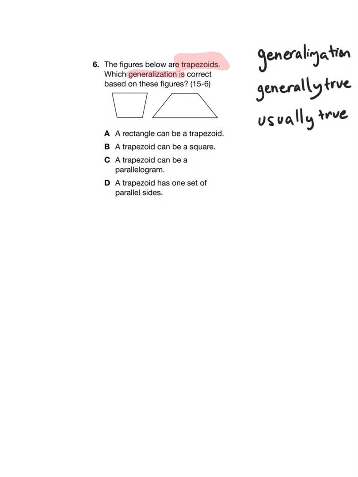Okay, let's think about that. The definition of a trapezoid is that it's a quadrilateral, meaning a shape with 4 sides, and it should only have one pair of parallel sides. So here in this shape, I can see one pair of parallel sides that I just marked.